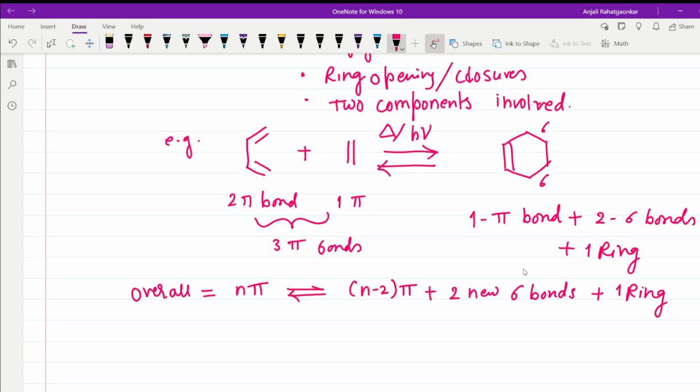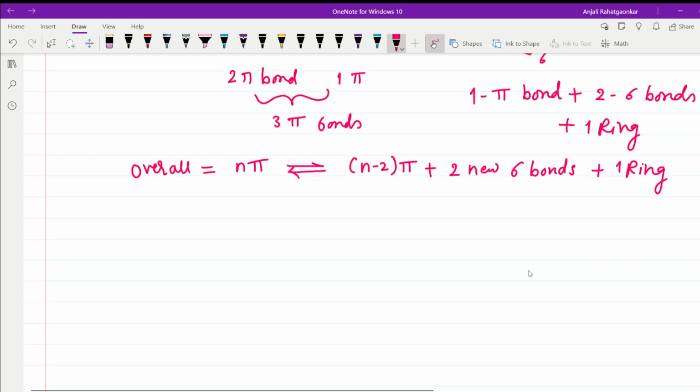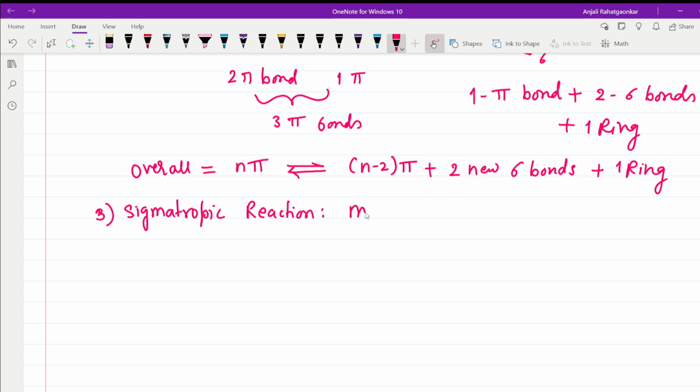Then the third reaction is the sigmatropic reaction. I'm going a little bit fast because in the same lecture I have to finish the introduction part. This is the sigmatropic reaction. What is the beauty of this reaction? The migration of a sigma bond.